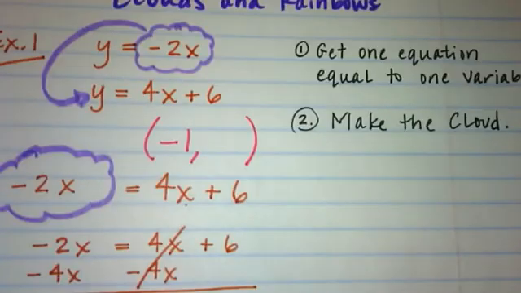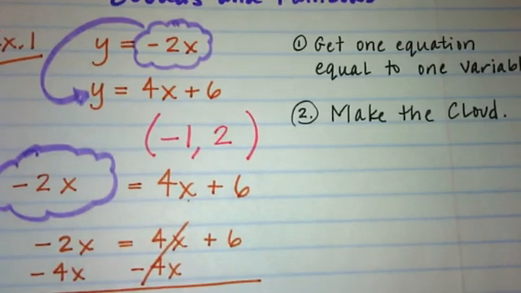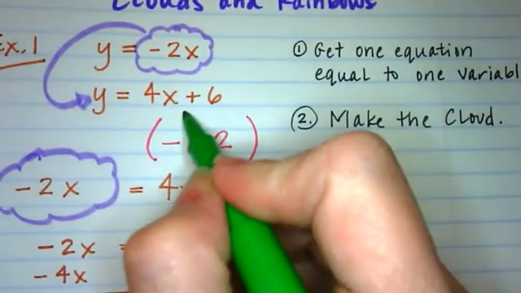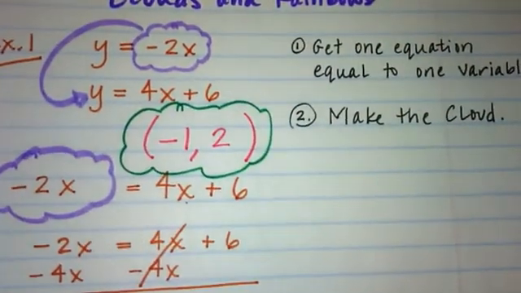So if x is negative 1, then this would say y equals negative 2 times negative 1, which means that y equals 2. So now I know that these two lines meet at that point.